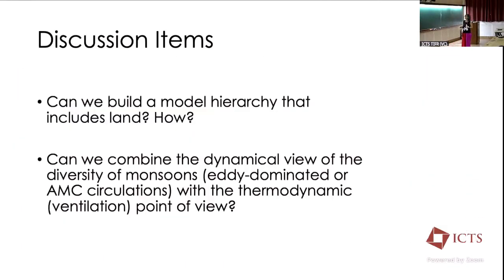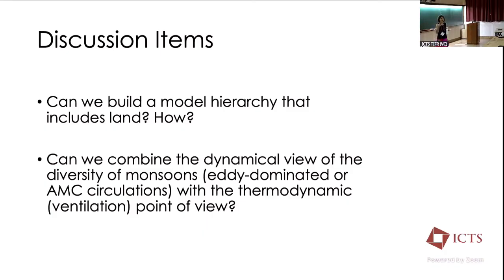Okay. And so I wanted to conclude with a couple of discussion items. The first one is: can we build a model hierarchy that includes land, and how? We could have spent a whole day showing you papers where we make the soil moisture interactive or non-interactive, or put in 2 continents instead of 1.